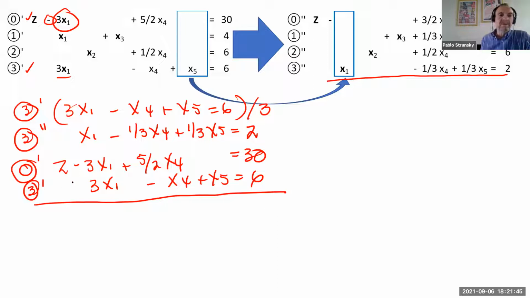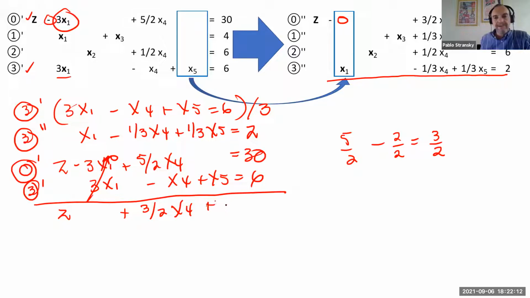So z stays, this becomes 0, and that's exactly what I want here, a 0, plus 5 halves minus 1. My common denominator will be 2 halves, so this becomes 3 halves. So now I got 3 halves of x4 plus x5 equals 36. And that's exactly what I got here.